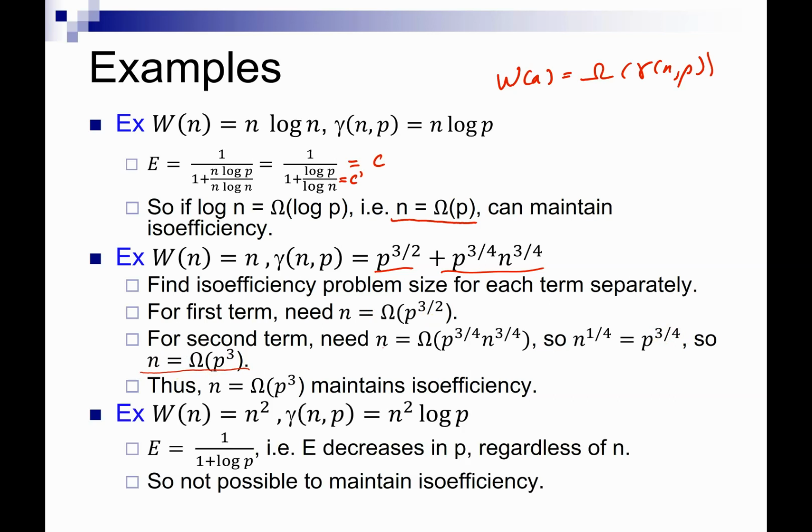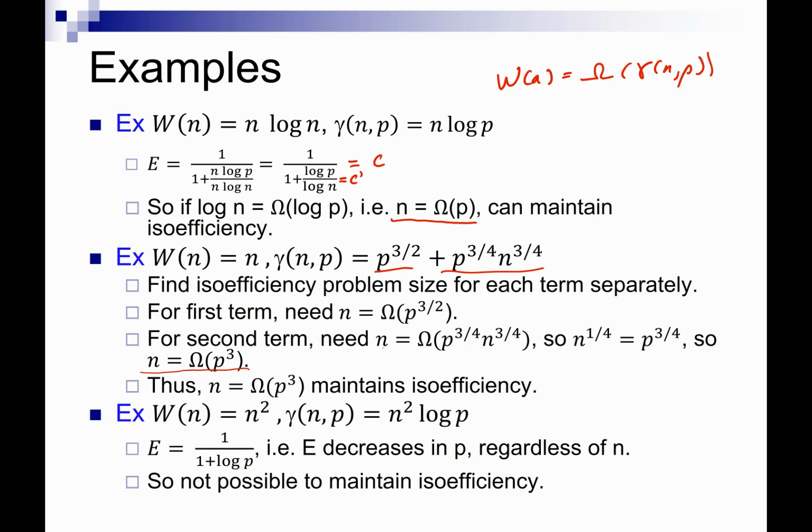One final example here. Suppose the amount of work is n squared, and the amount of overhead is going to be n squared times log p. Now if you look at the efficiency expression, the efficiency is equal to 1 divided by 1 plus the overhead divided by the work, and that's going to be log P. So you see that here, as you increase P, the efficiency is always going to decrease.